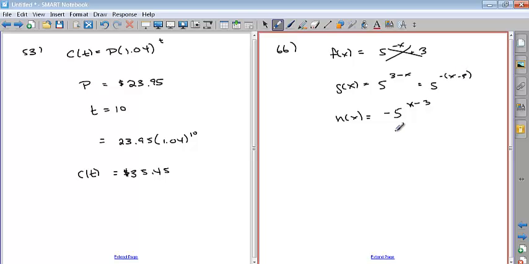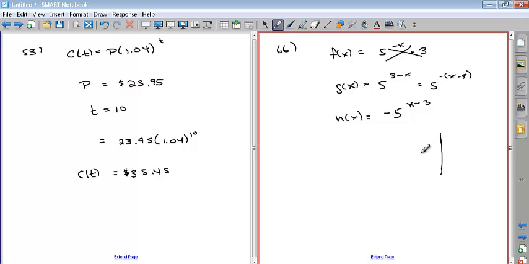The question is, is negative 5 to something the same as 5 to the negative something? And the answer would be no. So this one's a reflection across the y-axis, and this is a reflection across the x-axis. So even though they're shifted the same, they're going to be pointing in different directions, I think.